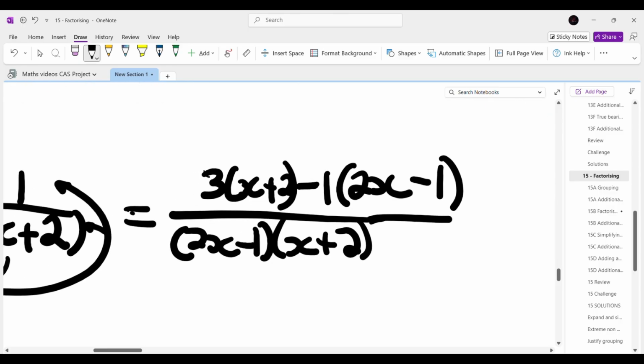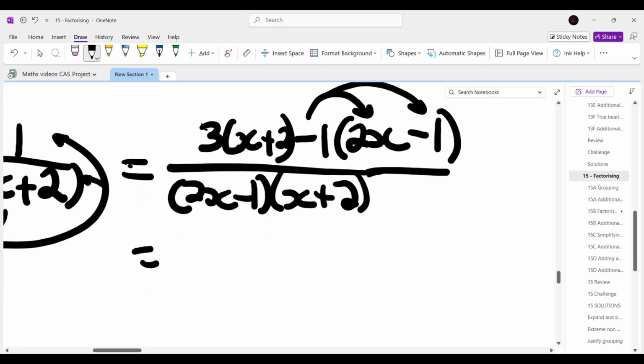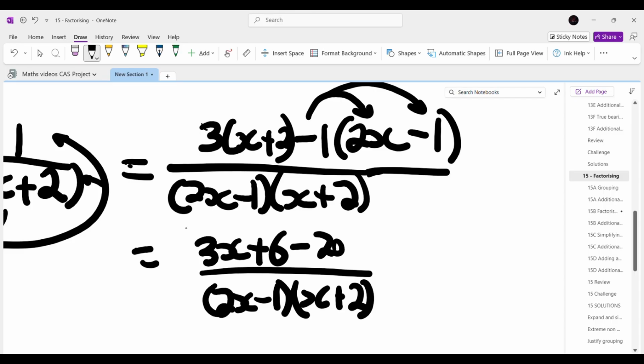So remember when we have the minus, we carry it to both sides, so we have to make sure we carry it to both of these, so if we just expand this out, it just becomes 3x plus 6, if we've expanded, minus 2x plus 1, because two negatives cancel out and make a positive.